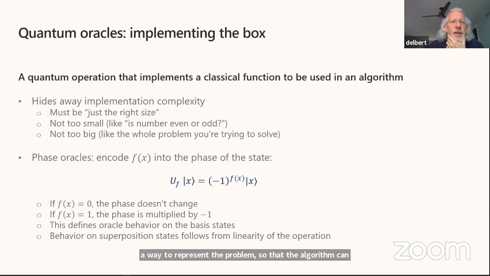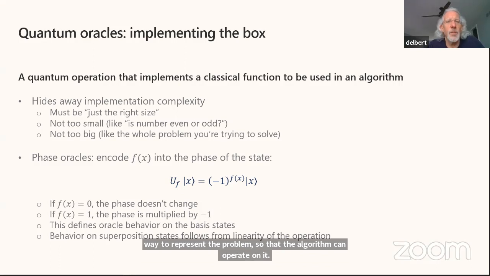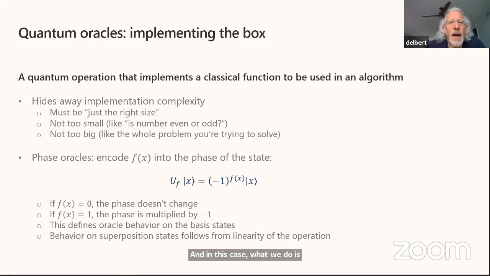And in this case, what we do is we say, whatever our input state is, we're going to take -1 to the power of whatever f of x is.